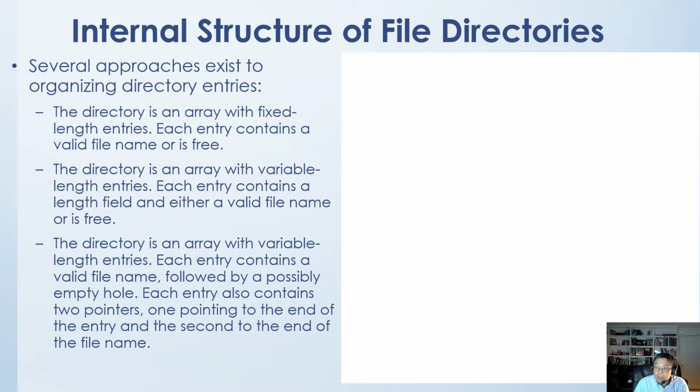So when a new file is created, the file system must be able to find and allocate an entry. Number 3, free an entry when a file is deleted. If the file is deleted, you have to free the entry so the file system can allocate the next file. And then number 4, change the file name, and this may shorten or lengthen the name length.